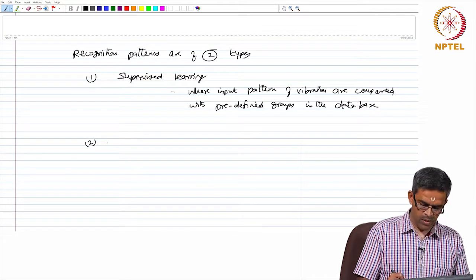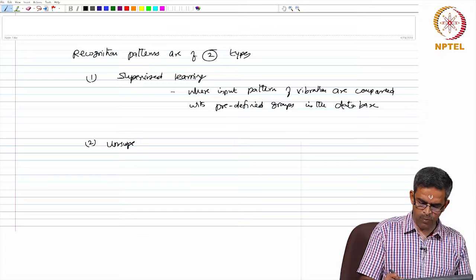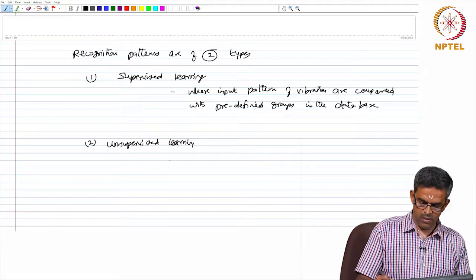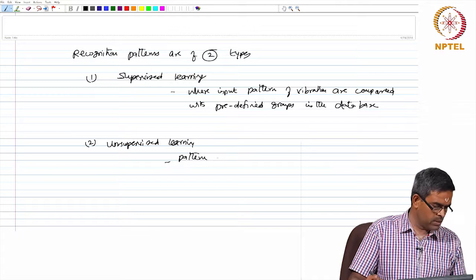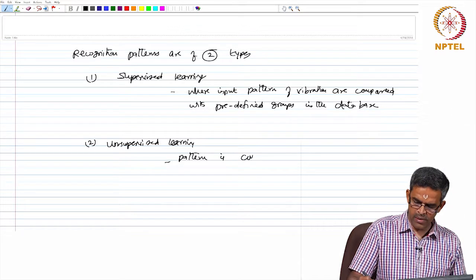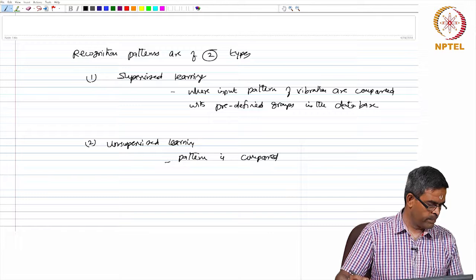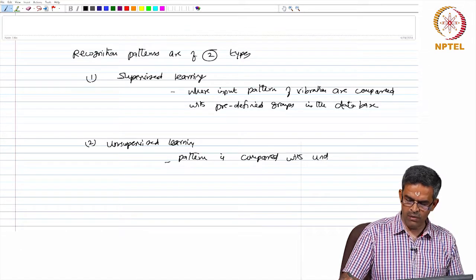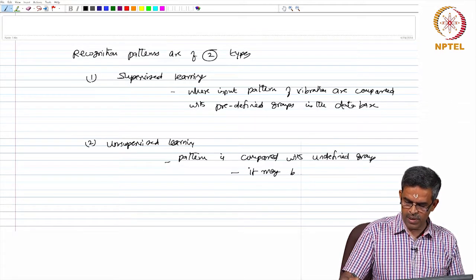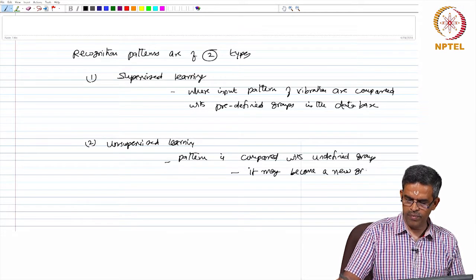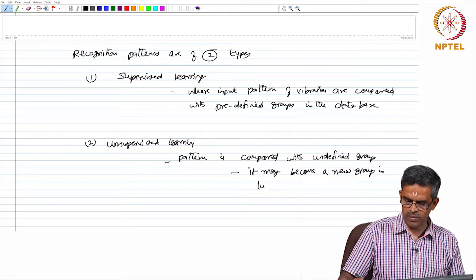Alternatively, you can also have unsupervised learning. This means that the pattern is compared with an undefined group, possibly it may become a new group in the database. Okay.